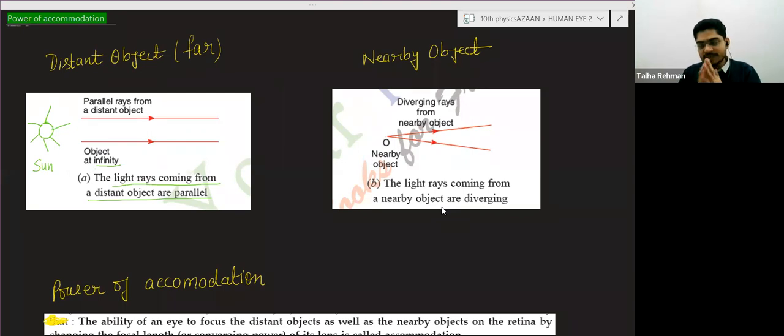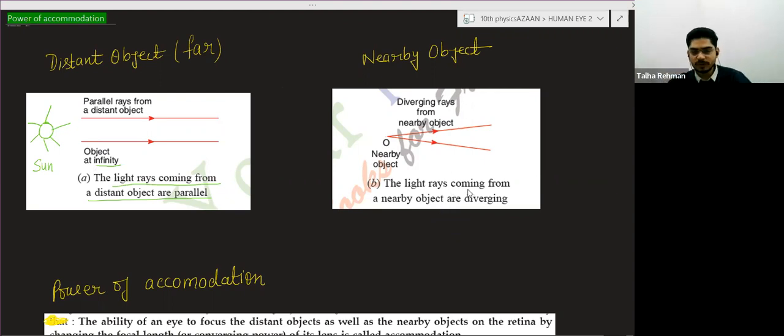So if you want to see an object which is nearby, the focal length of the eye lens becomes small. And if you want to see an object like the sun, which is very far from you, then the focal length of your lens becomes large, because less power is required to converge the light rays.